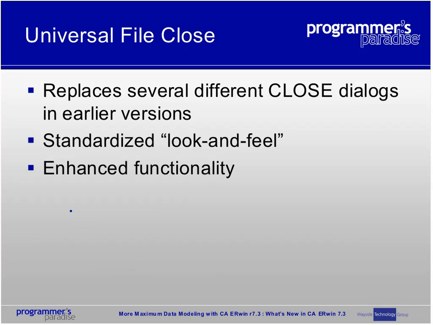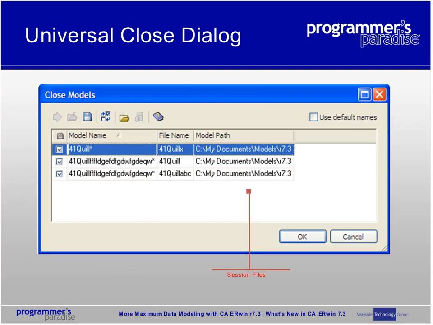Universal file close. This is something that people like, and I'll come to that in a minute. Basically, if you have more than one model open, there have been times where people have complained because all of a sudden when you're trying to close, that happens to us, right? You have 5 or 6 or 7 models open, you clicked something, it closed everything, and now you're stranded. Well, now this particular close dialog box gives you the ability to go through different sessions and decide which session you want to close as is and which session you want to go in and save.